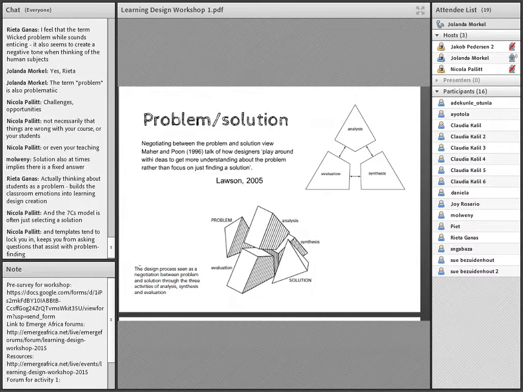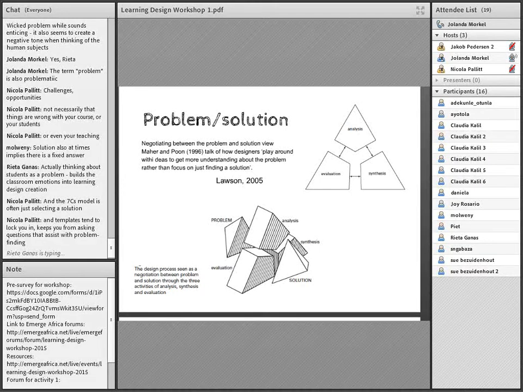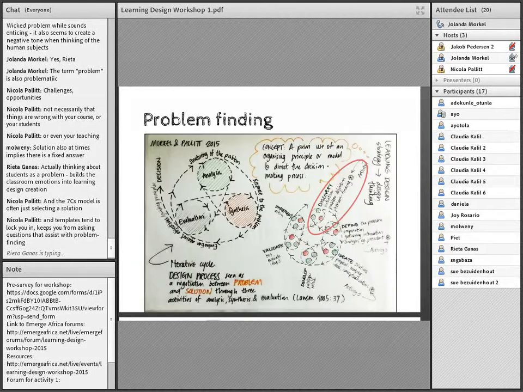And what he says is that as the solution is revealed or uncovered or developed, we understand the problem better. So the problem crystallizes as we move along in this iterative process. So there's always this negotiation between problem and solution. And I quite like these diagrams.